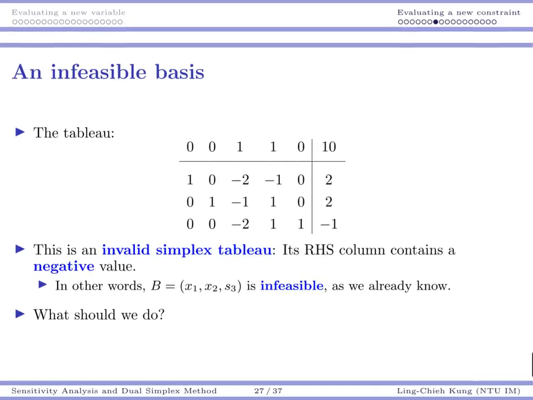Okay. So this tableau actually tells us a lot of things. It tells us that this is not a simplex tableau because you have a right-hand side value that is negative, which should not happen in your simplex iterations. In your simplex iterations, typically you start from a basic feasible solution where all these right-hand side values are non-negative.